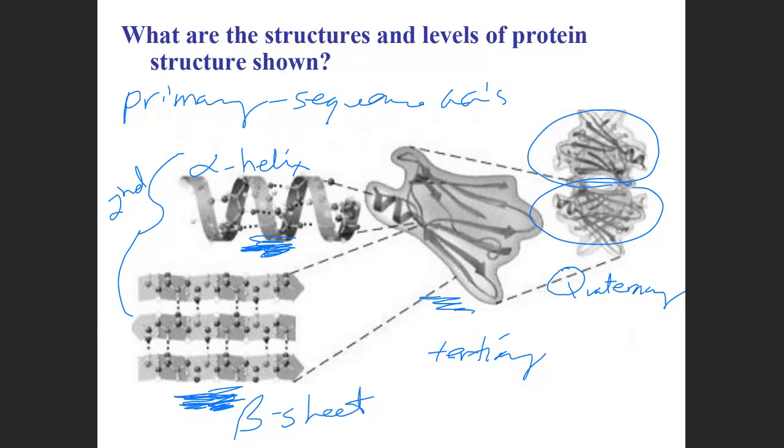There are two secondary structures, alpha helices and beta sheets. When everything folds on itself, we call that the tertiary level. And for many proteins, that's it. They're done. They're functional. But other proteins require multiple subunits to associate together. And that's the quaternary level of protein structure.